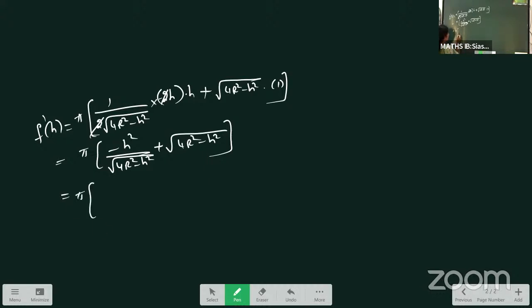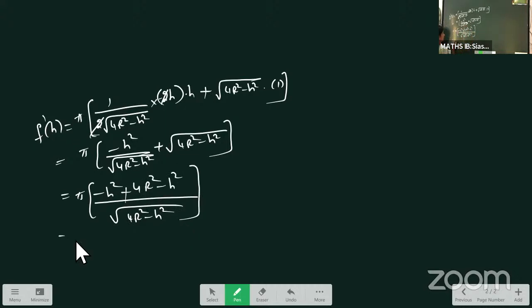Pi into, LCM is under root of 4r square minus h square. What are we getting here? Minus h square plus, root and root will go, so 4r square minus h square. So pi into, first write the positive term 4r square minus h square, minus 2h square, by under root of 4r square minus h square.